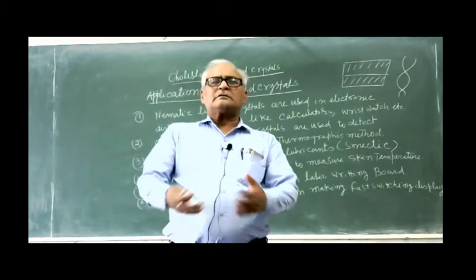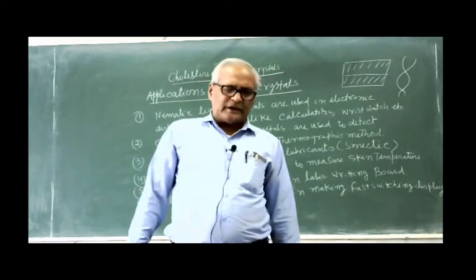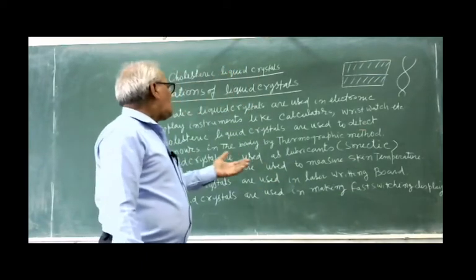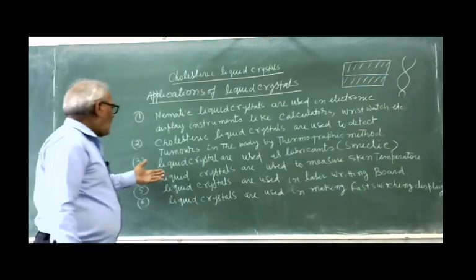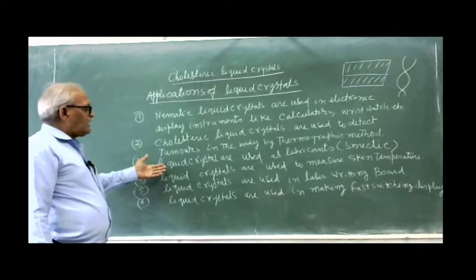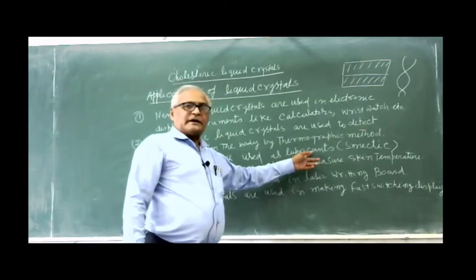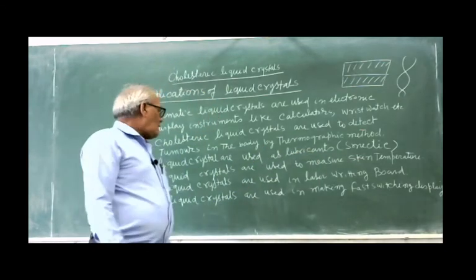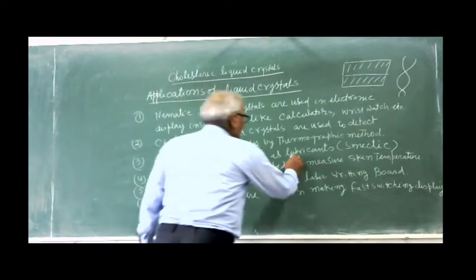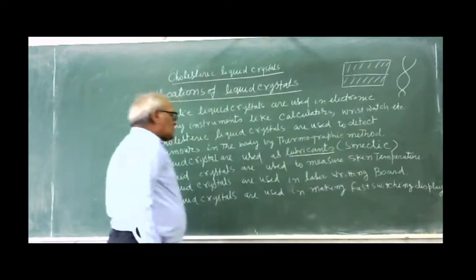So there are different types of lubricant. So one of the applications of the liquid crystal is to be used as a lubricant. So here lubricant is also one of the important applications.